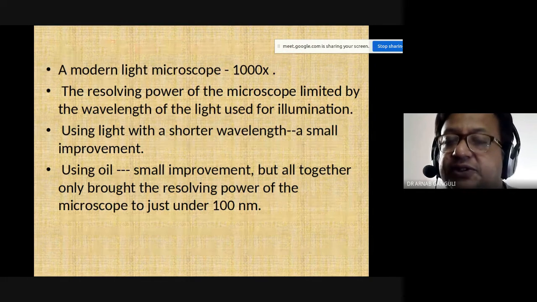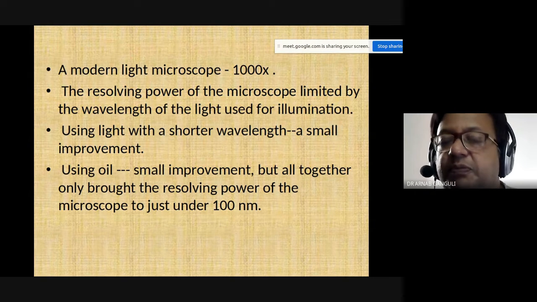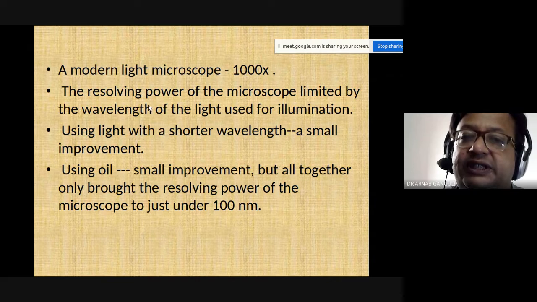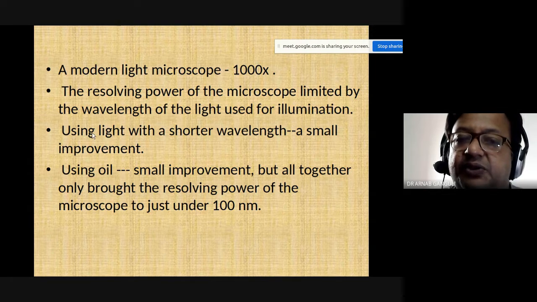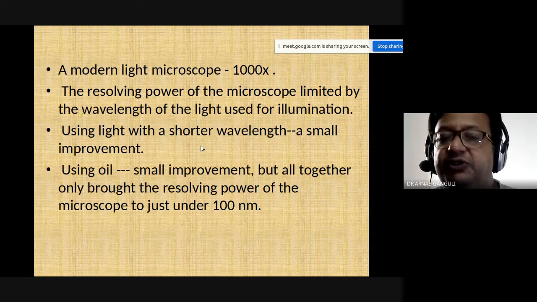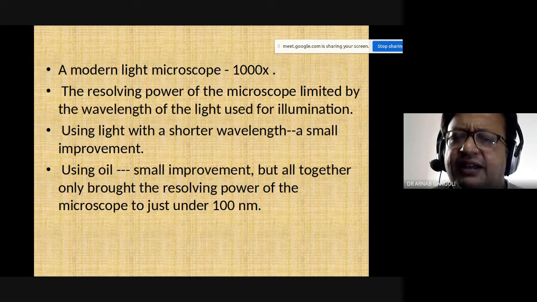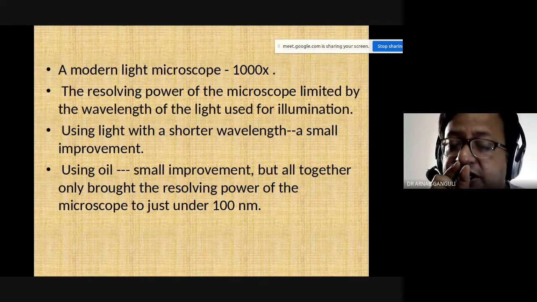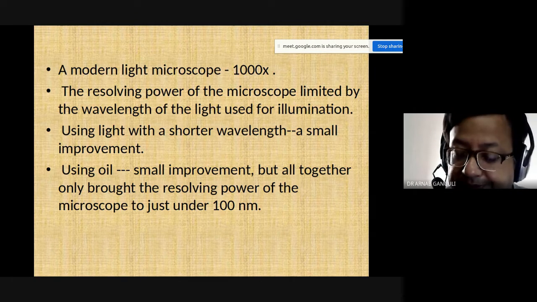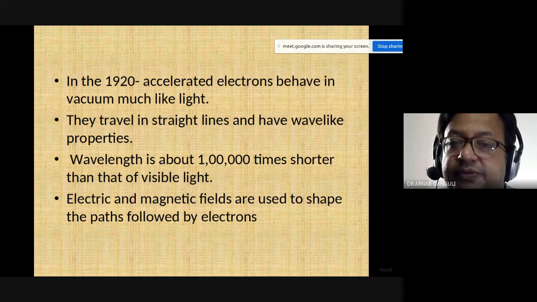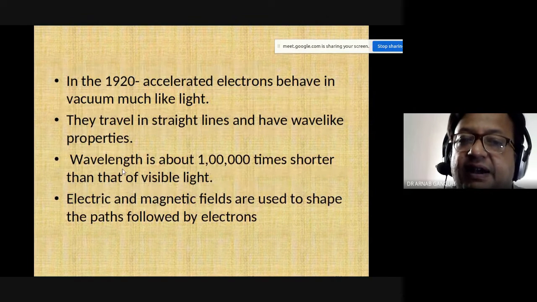A modern light microscope can magnify at the maximum 1000 times. Using light with a shorter wavelength, there is a small improvement. If you use oil immersion, with the lens and the sample in oil, you can resolve 2 points up to 100 nanometers. The wavelength of an electron is 1 lakh times shorter than that of visible light.